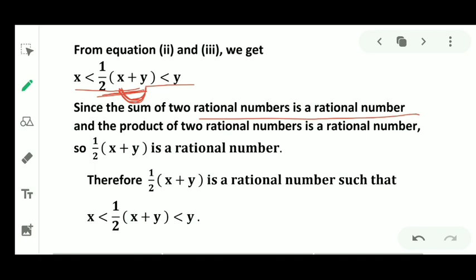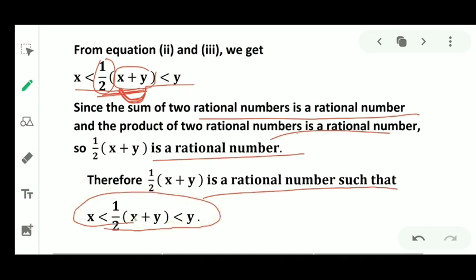So here x plus y is a rational number and 1 by 2 is also a rational number. So the product of two rational numbers is always a rational number. In this way 1 by 2 into x plus y becomes a rational number. Therefore 1 by 2 into x plus y is a rational number such that x less than 1 by 2 into x plus y less than y.